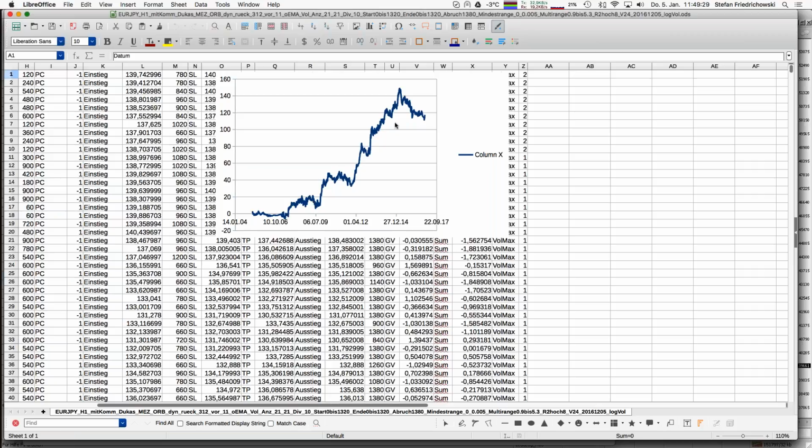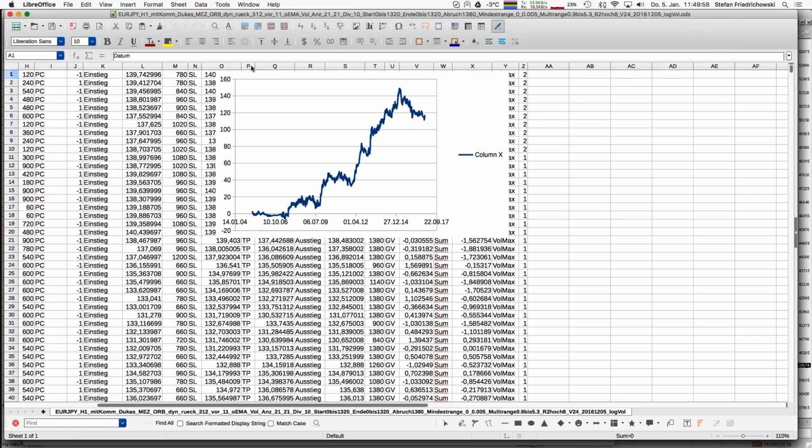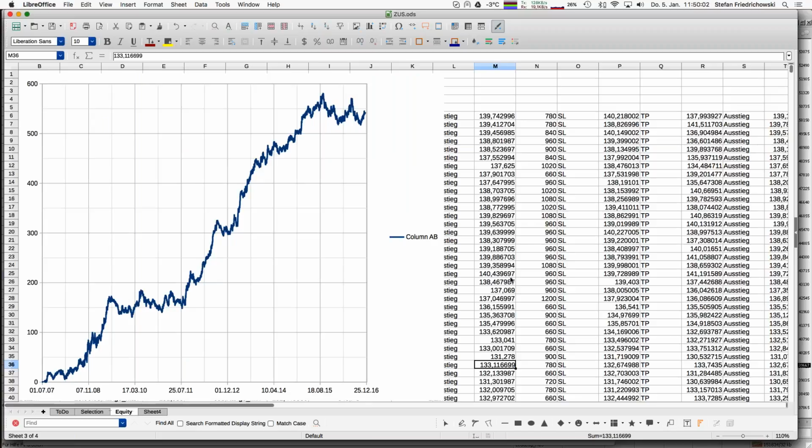And what I can do now is I can simply use a portfolio and look for other underlyings, which can be traded similarly with their own set of parameters for range, times, history, and so on and so on. And then I can create a complete set, a portfolio of different underlyings. Finally, I came up with 8 underlyings which I use, and those underlyings finally create an equity curve which looks like this here.